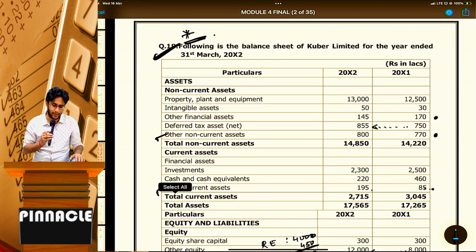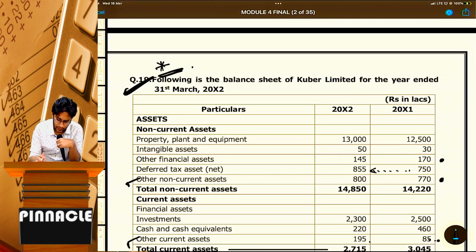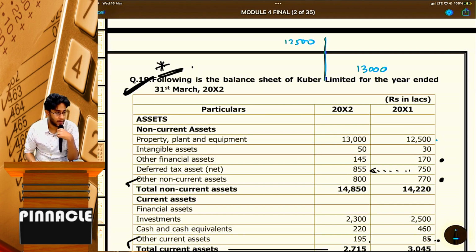Come back to the balance sheet again. Sir, PPE last year 12,500. Ledger account I'm trying, sir. 12,500. Closing balance is 13,000. Somewhere he gave you depreciation. Go and bring that 500 up. Then you sold some assets having carrying amount of 60 lakhs, but you sold it for 70 lakhs.